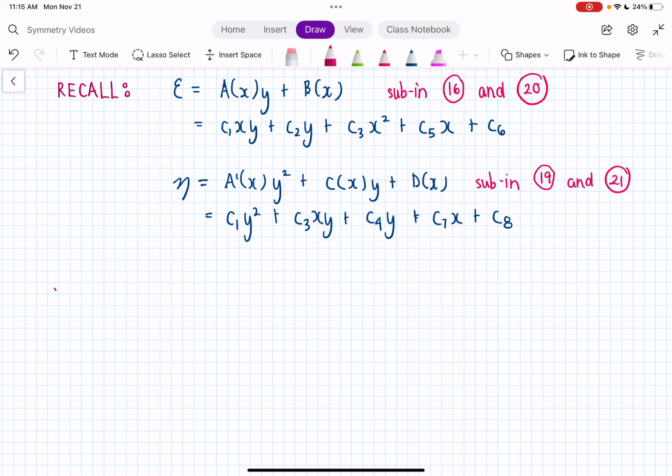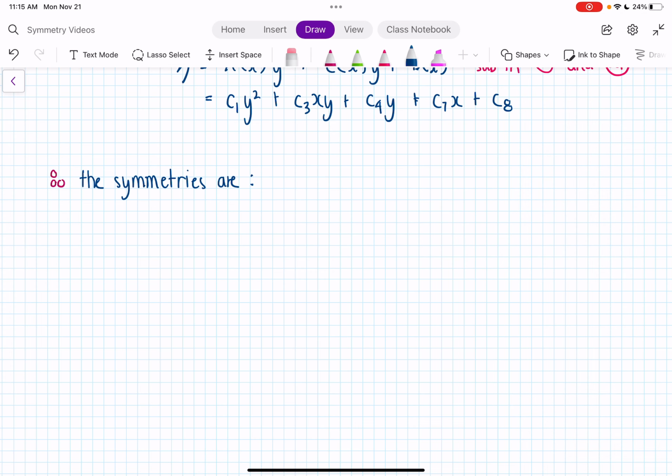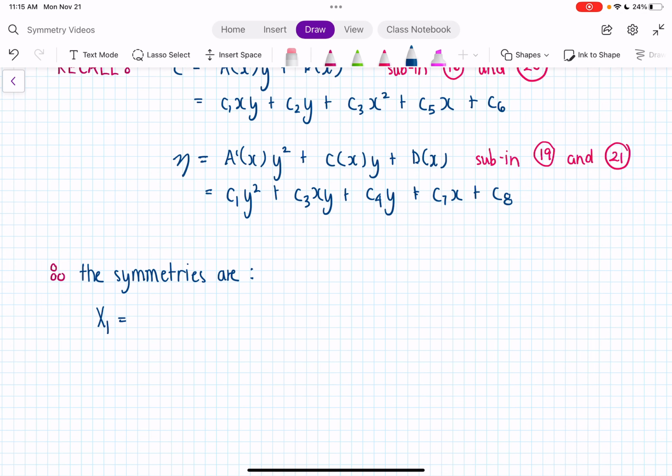So what we're going to get... so if I look, C sub 1, right? So if you remember, that's what it's going to look like, right?